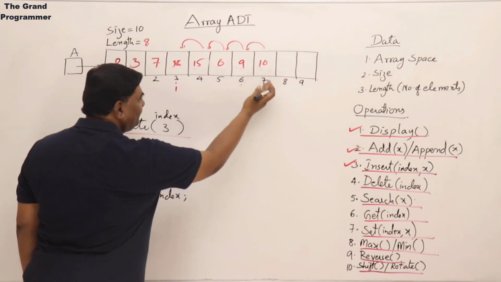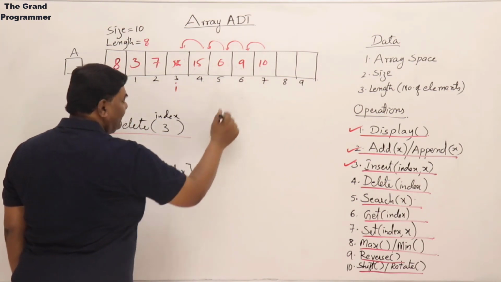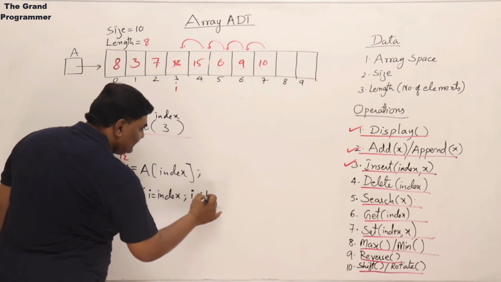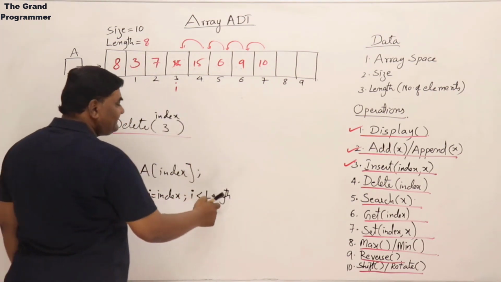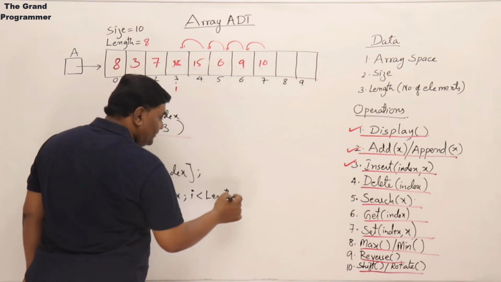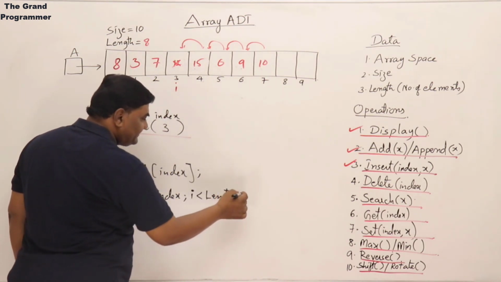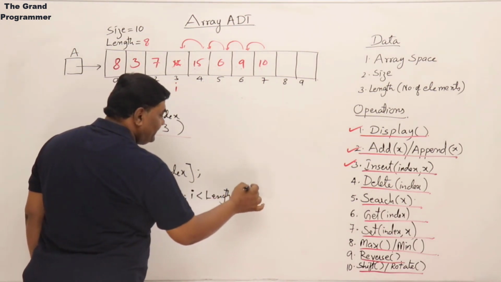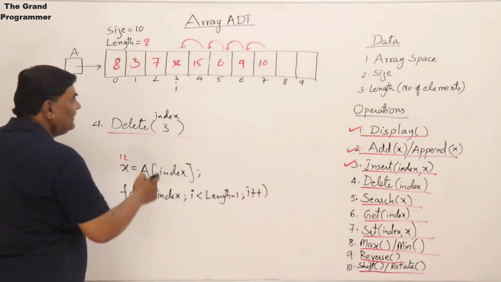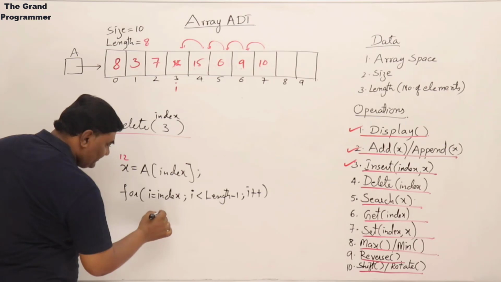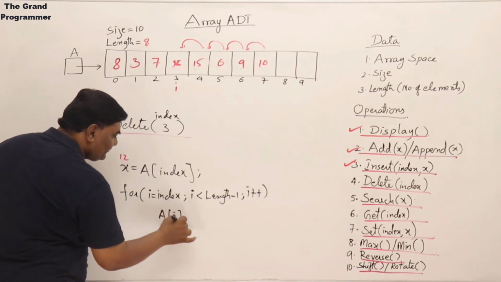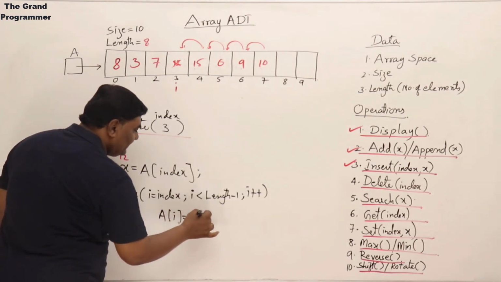Being at 6, it can copy the element from index 7. So I should be less than length. See, actually length is 8. Less than length means 7. No, it should stop at 6. So length -1. And I is moving forward every time, so I plus plus. Now what does I have to do? Being here, it should copy the element from the next index. So at A of I, it should copy the element from A of I plus 1.